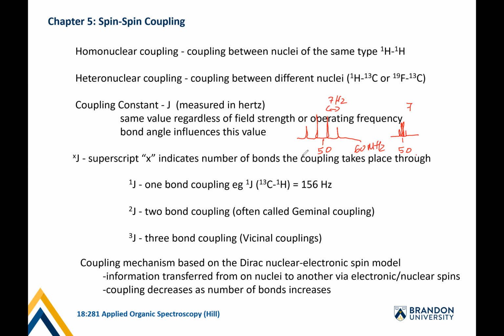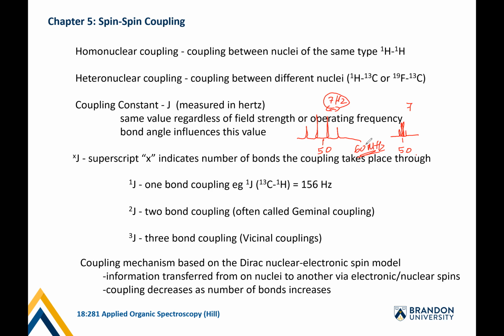So on a lot of the older spectrometers, you'll see really big peaks like this, but that's because 7 hertz just takes up more room when we're working at a smaller field strength.